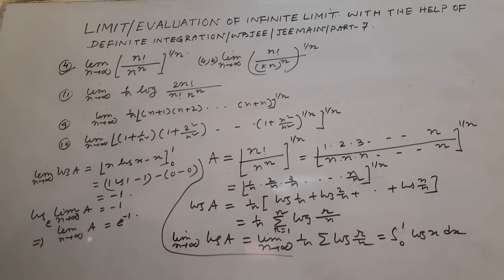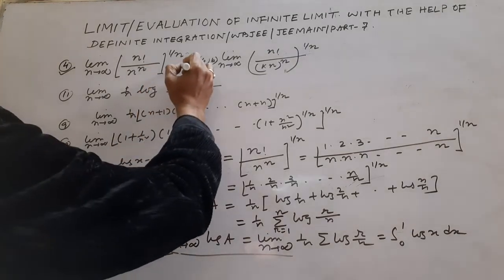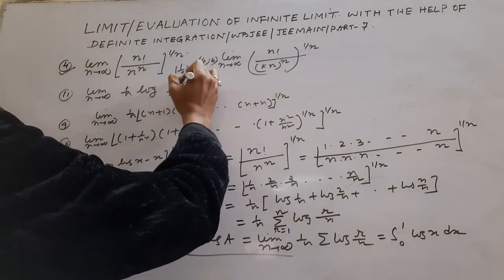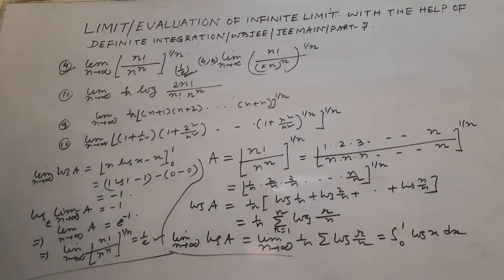So put the value of a. So what is a? A is factorial n by n to the power n, the required limit. So this is 1 by e. So what is the value of the limit? The value of the limit is 1 by e.